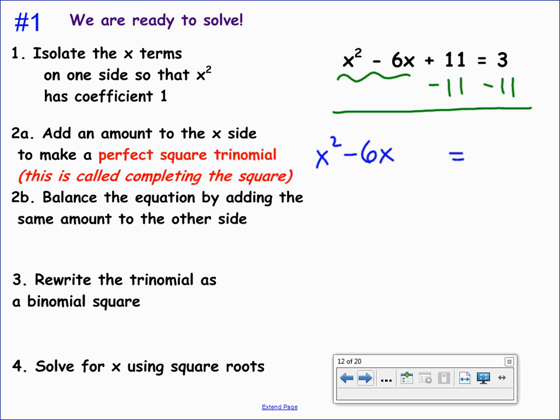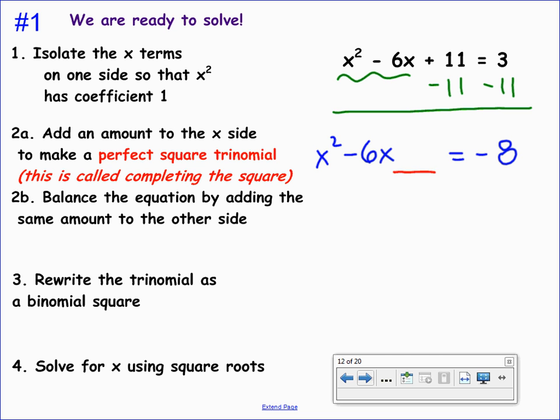Meanwhile, on the right-hand side, I have 3 minus 11, which is negative 8. So I've gone ahead and I've added or subtracted to get the x's alone on one side with the leading coefficient of 1 and everything else on the other. Now I'm going to add an amount to the x side to make a perfect square trinomial.